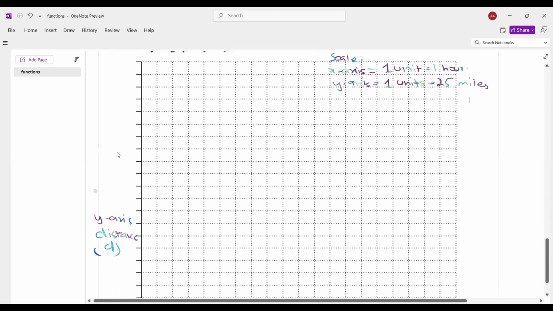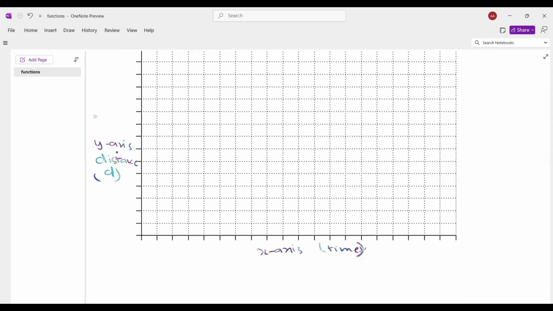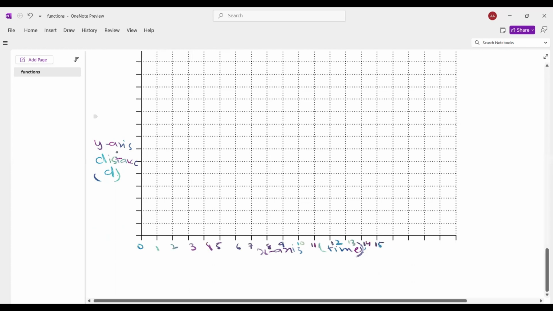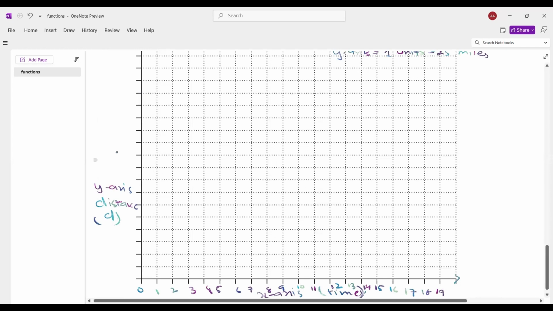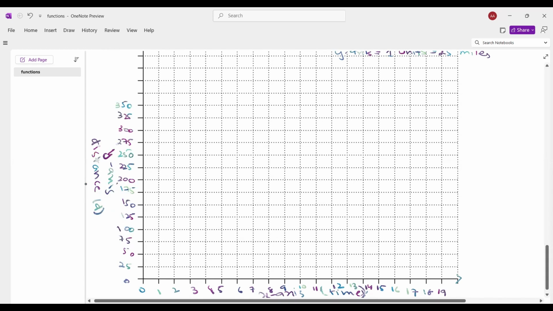Let's mark our x-axis. It starts from 0, then 1 hour, 2 hours, 3 hours, 4 hours, 5 hours. On the y-axis we will plot the miles: 0, 25, 50, 75, up to 350. As the base value is 350, we do not need to plot more than 350.